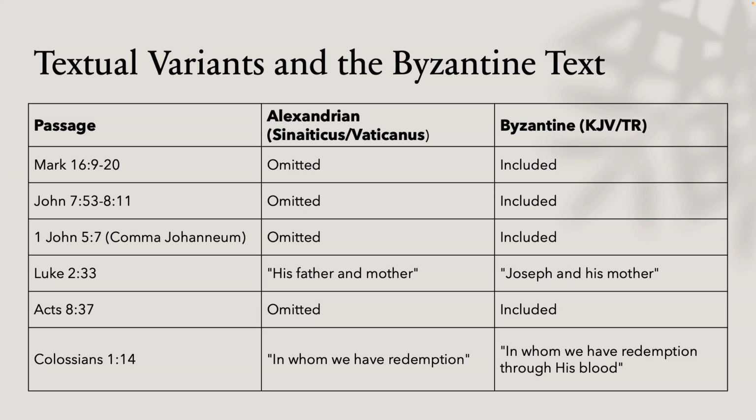Yeah, so you can see the Byzantine textual tradition or text, which obviously underlies the TR, has been consistently preserved through the church, local churches over time, and that's where the term received text, Textus Receptus, comes from, because it's been received by the majority of churches.